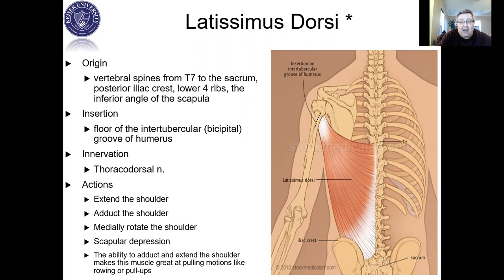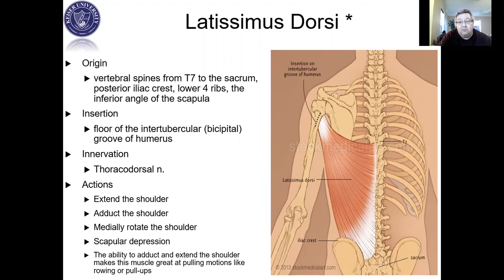So it is imperative that you know these four actions. It is a major shoulder extender. It adducts the shoulder. It internally or medially rotates the shoulder. And it also does scapular depression.